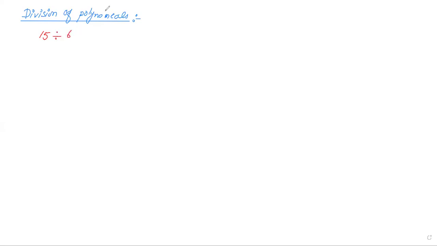The number which we divide is called the dividend. The second number which we use for the division process is called the divisor.